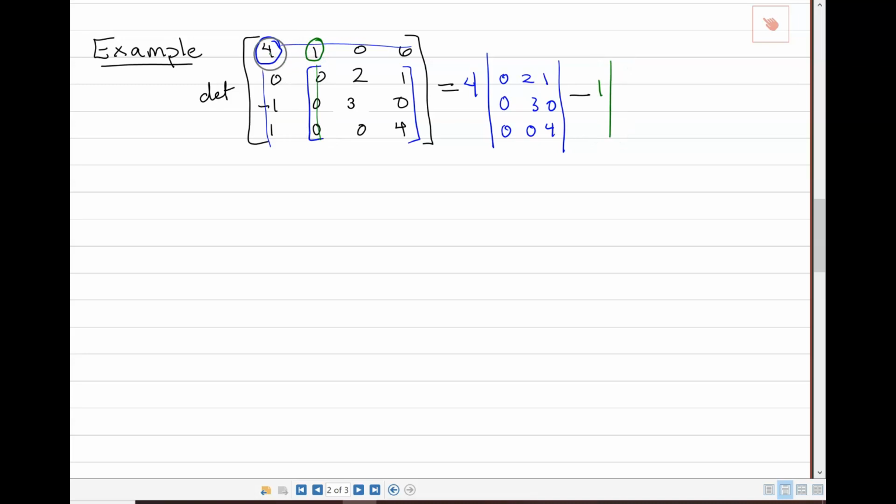So I'll cross that out and this out and just keep these parts. So I'll have 0, 2, 1, minus 1, 3, 0, and 1, 0, 4, plus 0 times the determinant of its minor matrix.